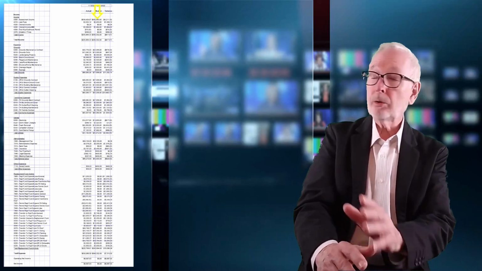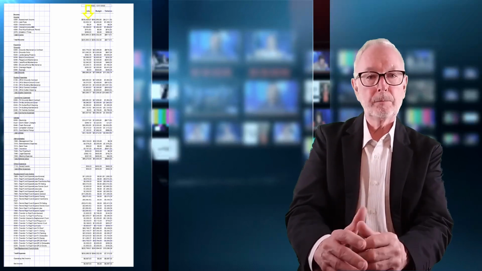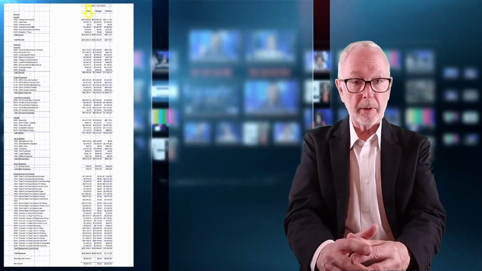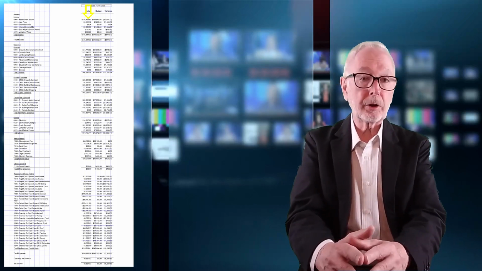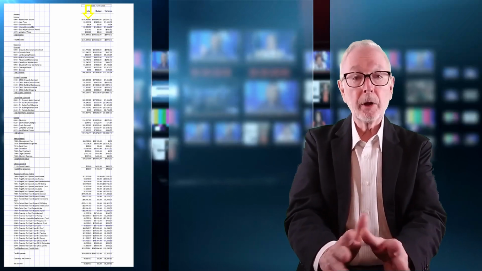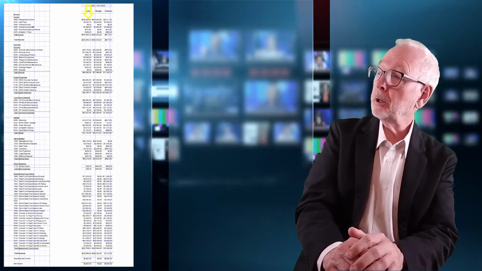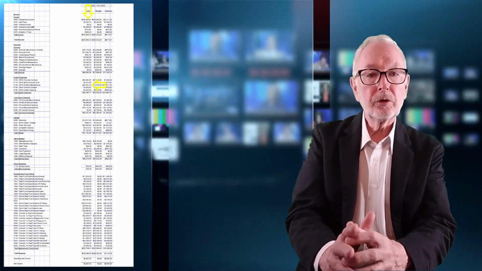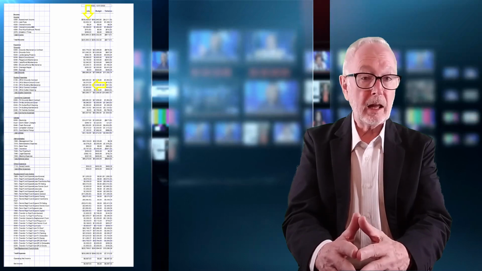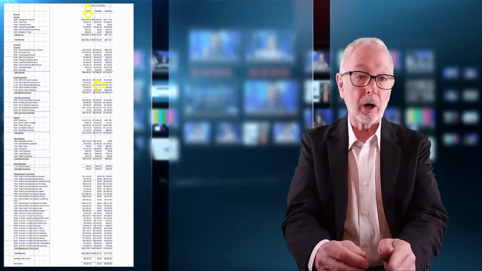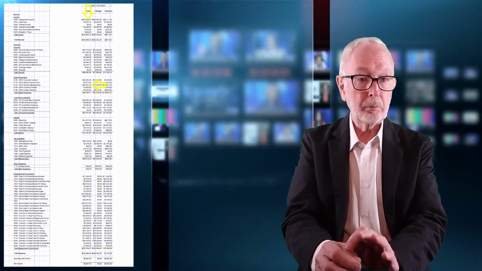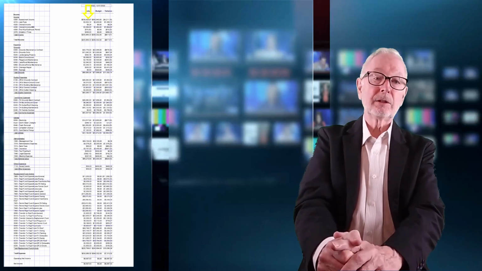The column just to the left of this one shows the actual amounts of income received or expenses incurred in 2022. For example, here you can see that the HOA actually spent almost $29,000 on duplex building maintenance.